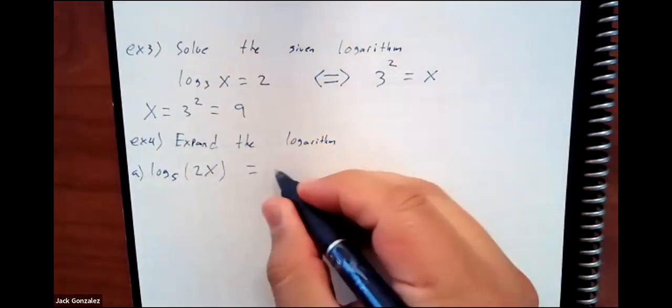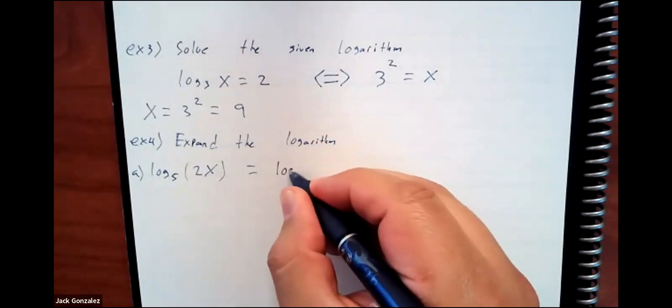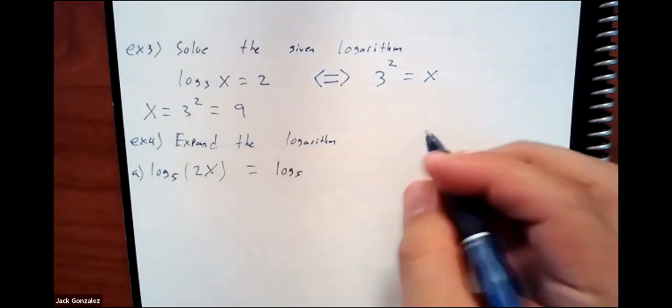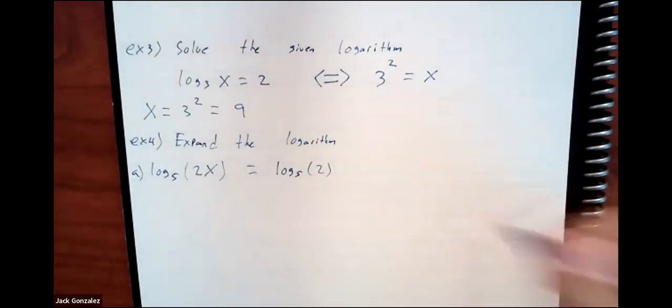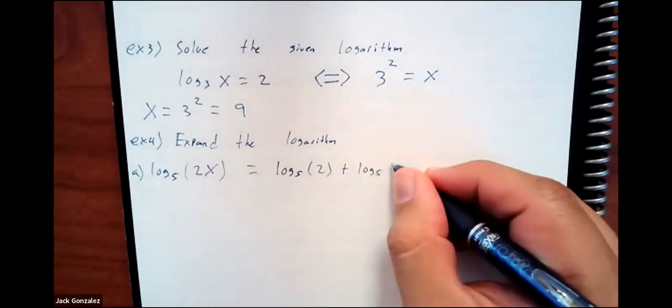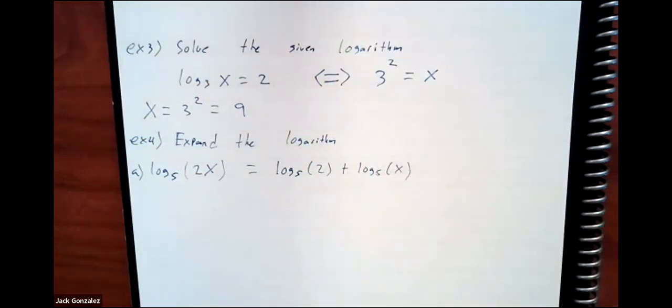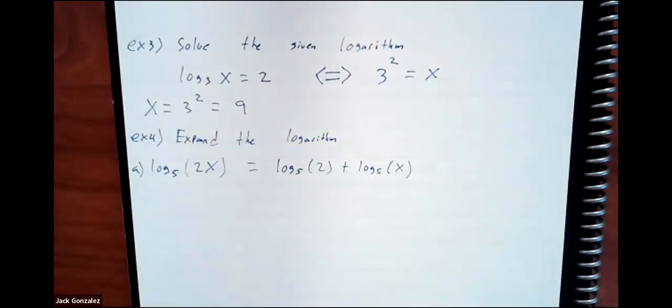I see the big number. So use your product property. You have 2 times x, separate them. That's all you're doing, nothing else.